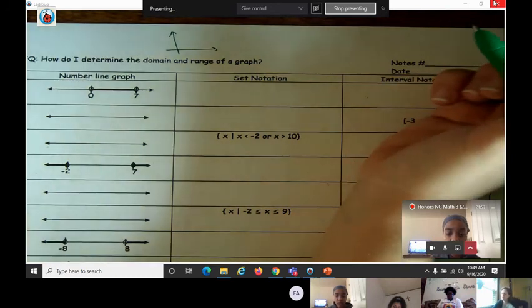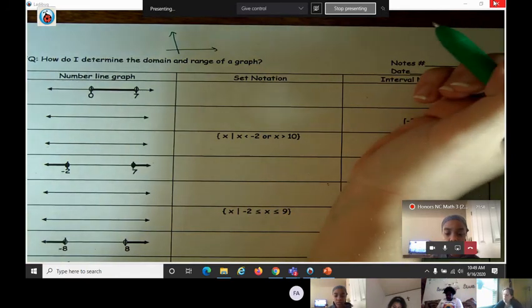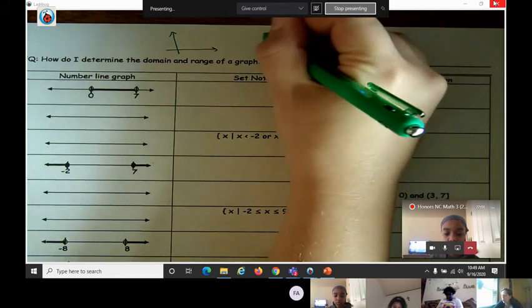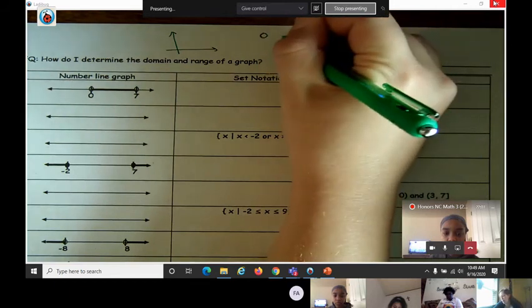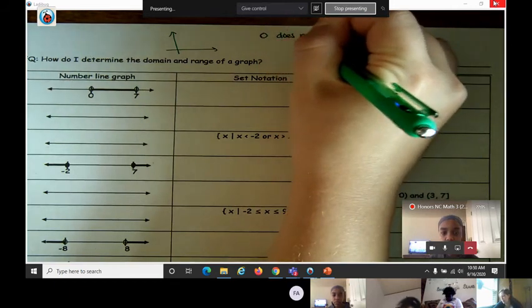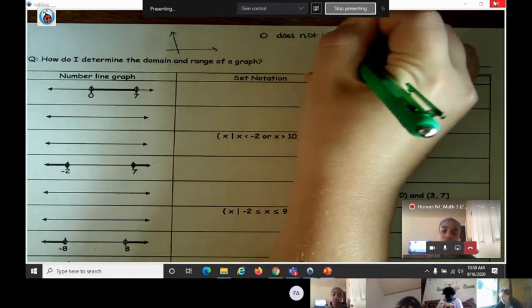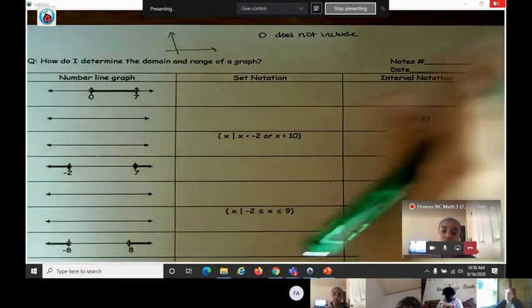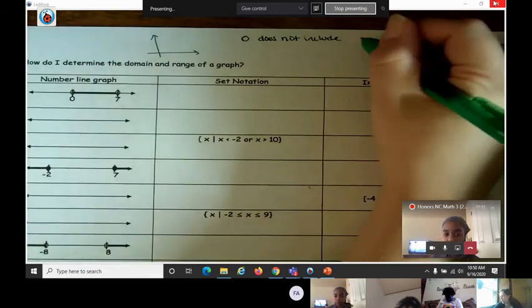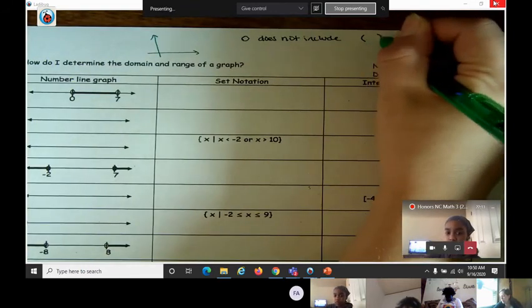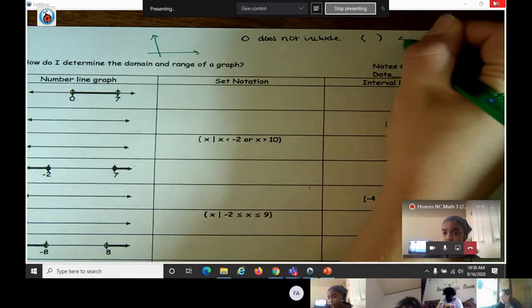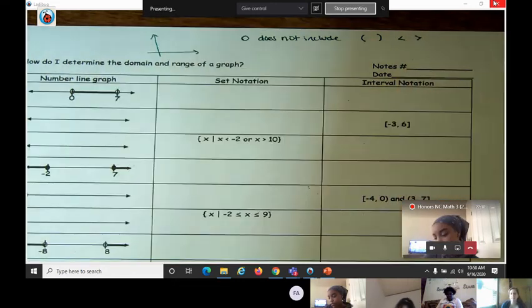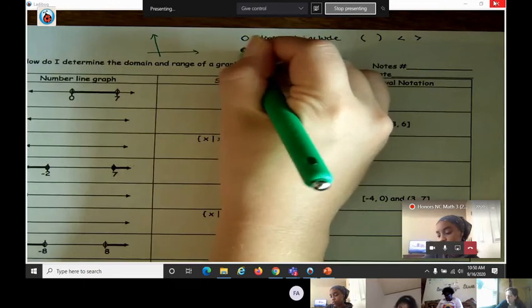So some little tips that may be helpful. This open circle means it does not include the value. And that's going to correspond to round parentheses or a less than or greater than sign. Okay. And this should be review.